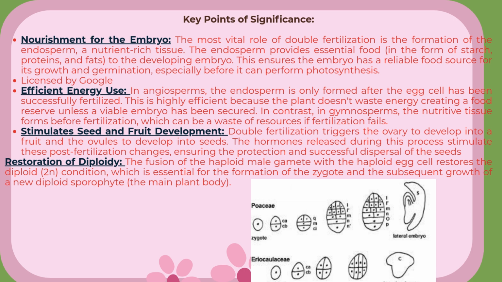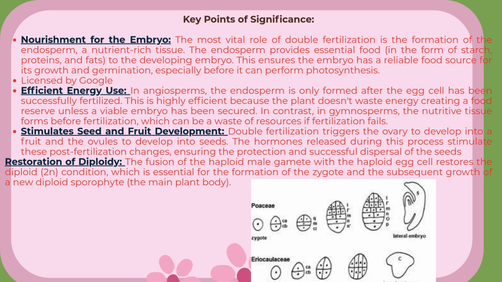This is highly efficient because the plant doesn't waste energy creating a food reserve unless a viable embryo has been secured. In contrast, in gymnosperms, the nutritive tissue forms before fertilization, which can be a waste of resources if fertilization fails.